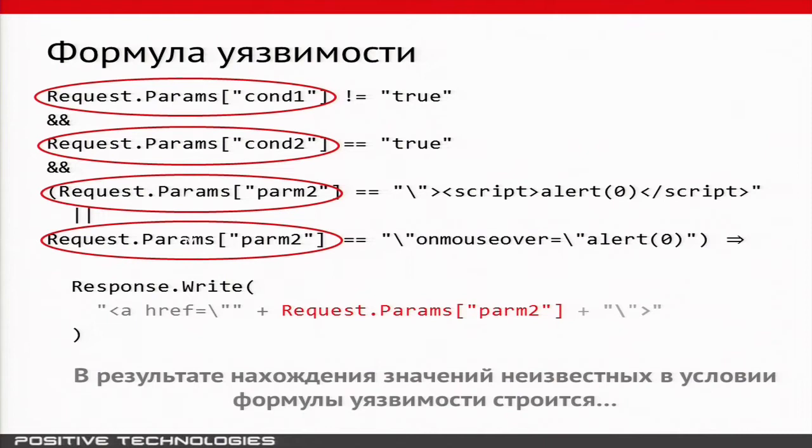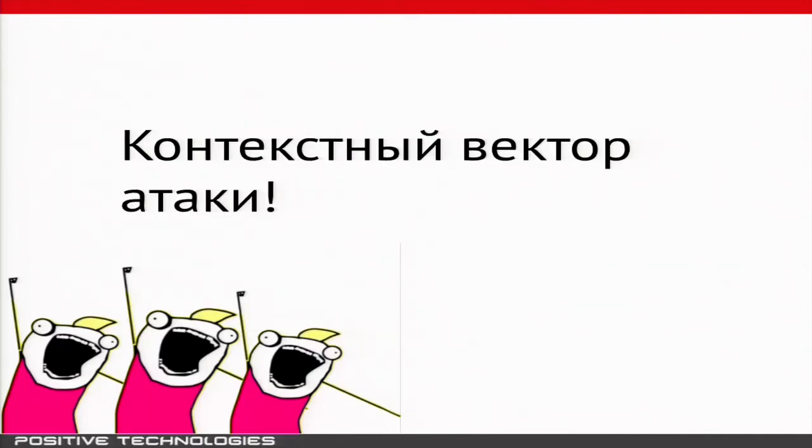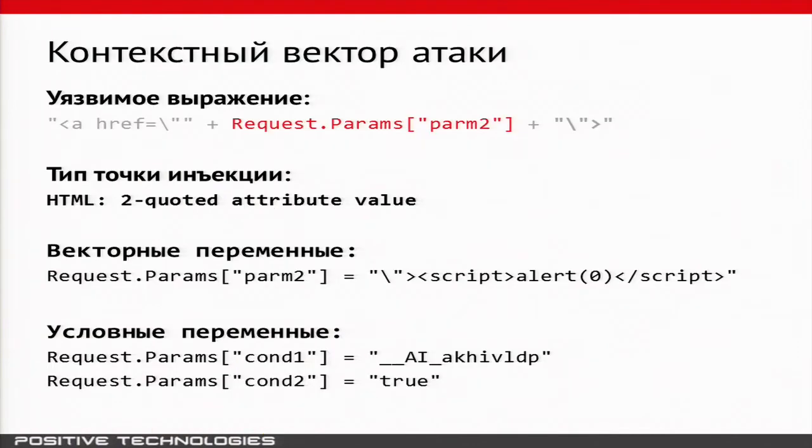And param 2, this equation can be solved. So the solver will select the first one. If we had a filter, this vector wouldn't do. Solver would arrange it and select this vector. And after the use of solver, we get the context attack vector.